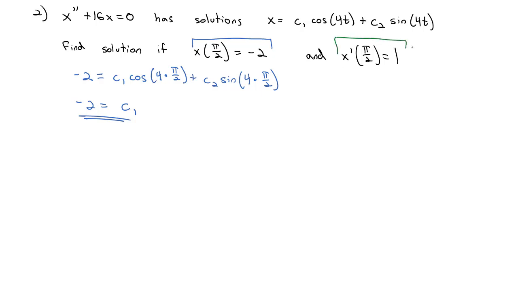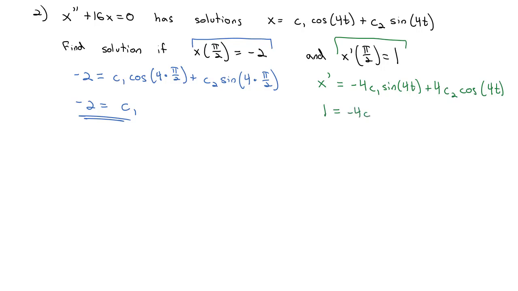Our second point given to us is actually on the first derivative. So we actually have to calculate what the first derivative of x is, which we can do using the chain rule quickly. It's going to be -4 c1 sine of 4t plus 4 c2 cosine of 4t. And now we can plug in the point pi over 2 comma 1. X prime is equal to 1 when our time variable is pi over 2.